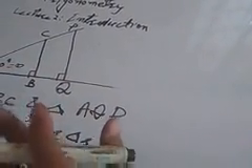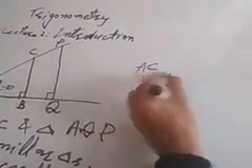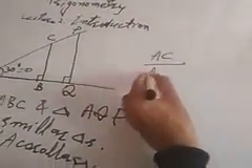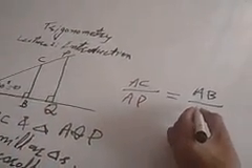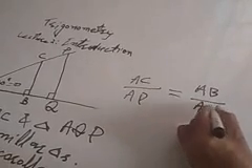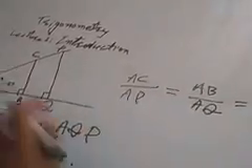Now these triangles are similar, that means their corresponding sides are proportional. So AC, the hypotenuse of this triangle, divided by AP, the hypotenuse of the other triangle, equals the base of this, AB, divided by the base of triangle APQ, that is AQ, equals the perpendicular of this, BC, divided by the perpendicular of the other, PQ.